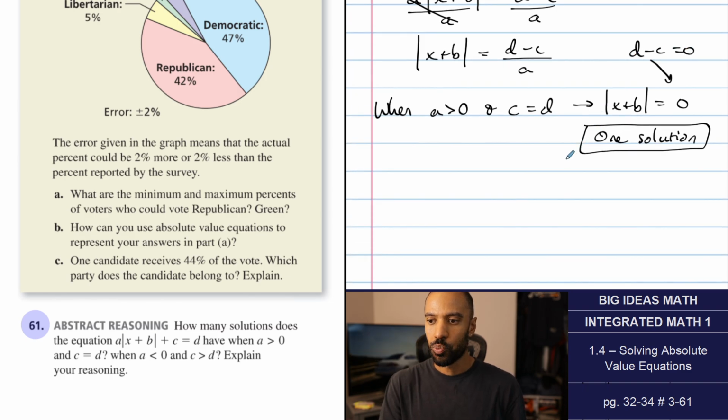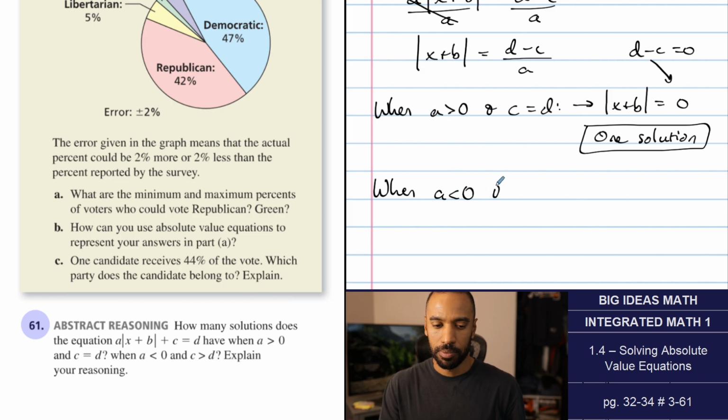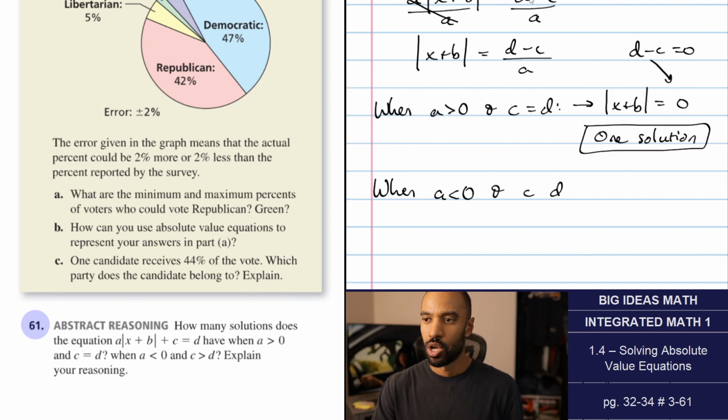Okay, next one is when a is less than 0, a negative number, and c is greater than d. That's a greater than sign. We're going to do inequalities next chapter, by the way. But when c is greater than d, d minus c will be a negative number.